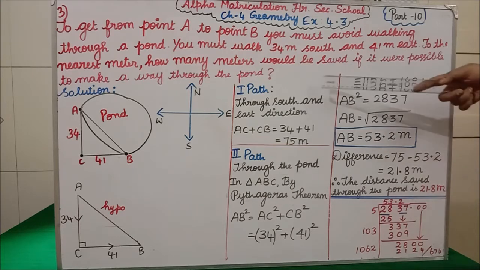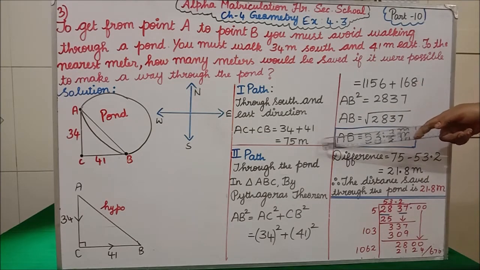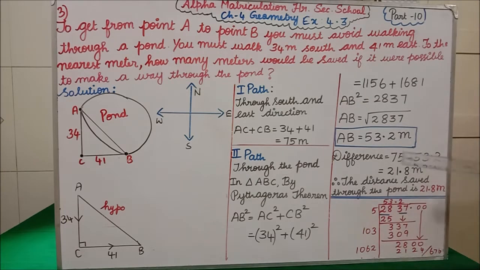Now if the man goes through the first path, he has to travel 75 meters. If he goes through the second path, he has to travel 53.2 meters. So how many meters is he saving if he travels through the second path?